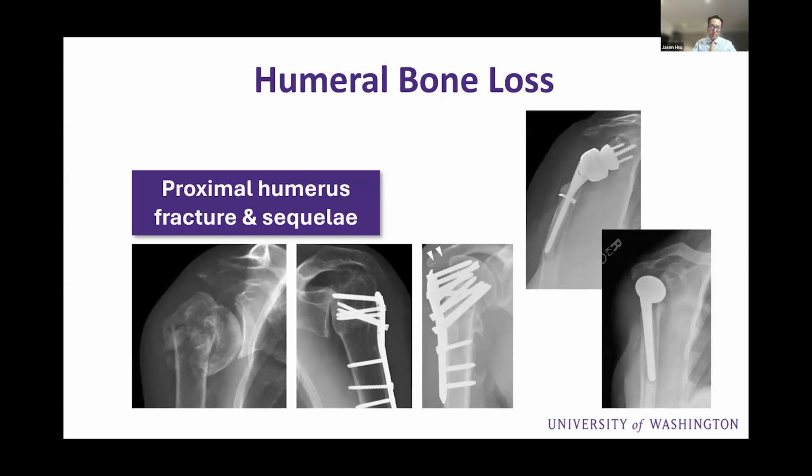Even when you go to arthroplasty, because if you're missing proximal bone, that proximal bone is so important in reverse arthroplasty in specific, because if you're missing that, you essentially have a circular stem and a circular canal, and there's so much force on that reverse arthroplasty that you can start to get loosening.